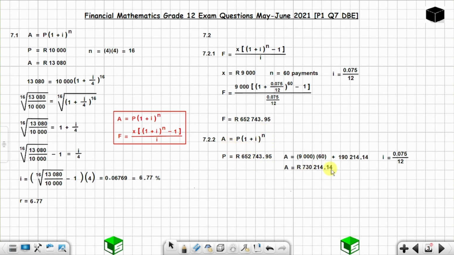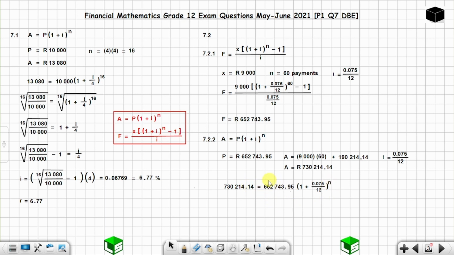So A is equal to P, in bracket 1 plus I, to the power of N. The question is to find N. Let's carry on.